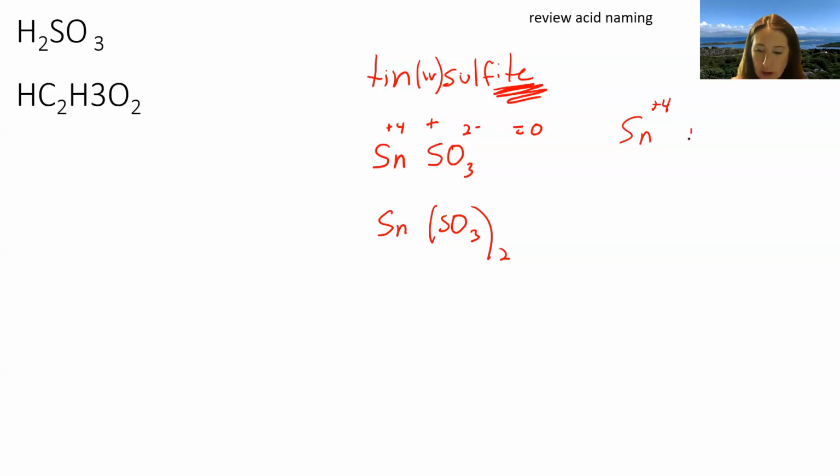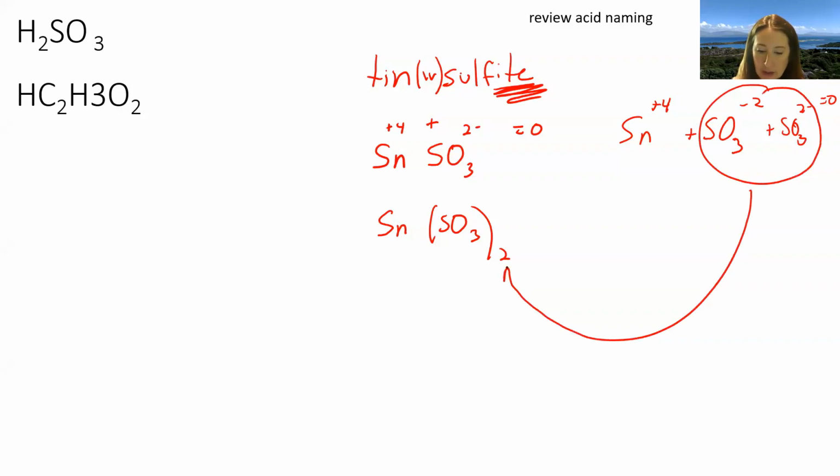And we have 1 SO3, its charge is -2. We need it to equal 0, so we need to add another SO3. So now this means 2 SO3s because we need them to equal 0. Okay, does that help with the tin sulfite question?